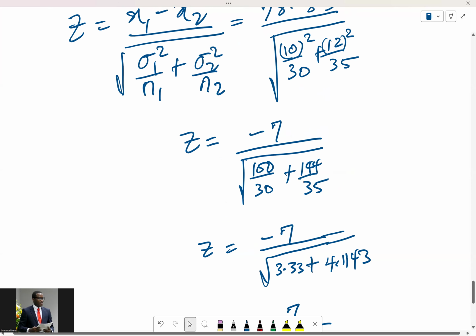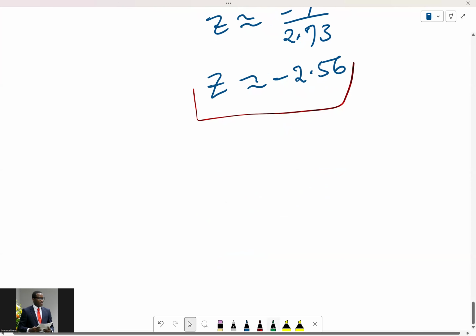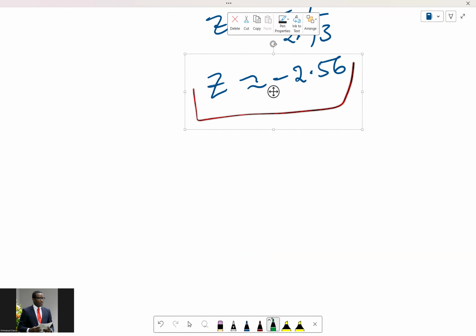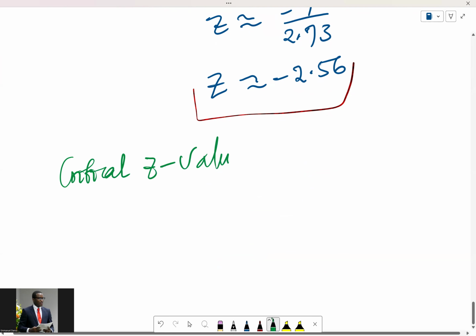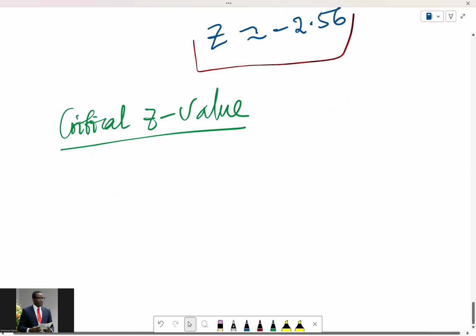So the next step now, since I've got the test statistic, is to talk about the critical Z value. So what is the critical Z value? That is what you get from a table, okay? But since we have chosen alpha to be 0.05, that is easy.